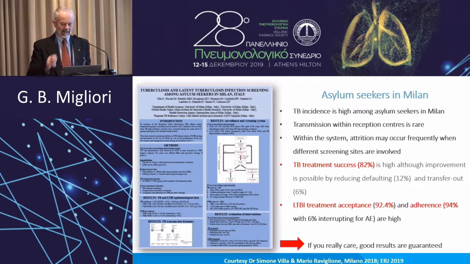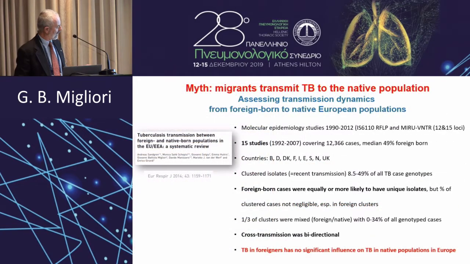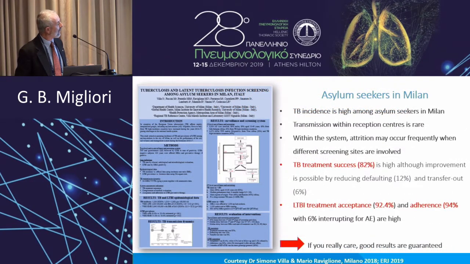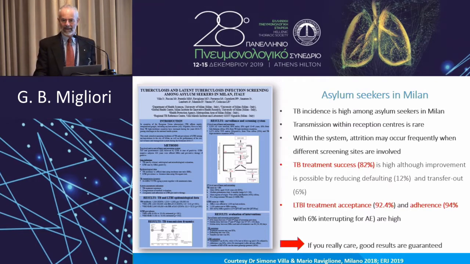We discussed this paper yesterday during the dinner with Caterina. Basically, this was a thesis which has been published in the European Respiratory Journal very recently. On top of demonstrating that the screening with X-rays worked well, the paper shows that the TB treatment success of asylum seekers in Milano was very high, and the acceptance of LTBI treatment was extremely high, 92%.